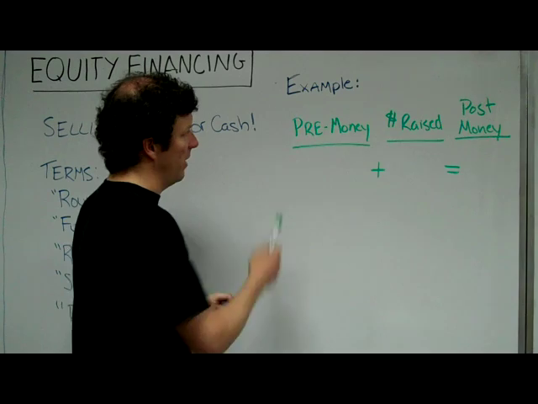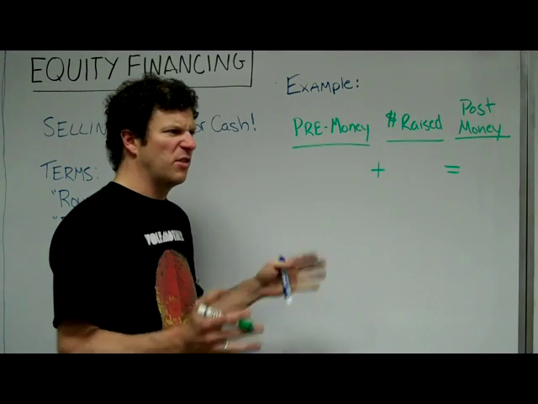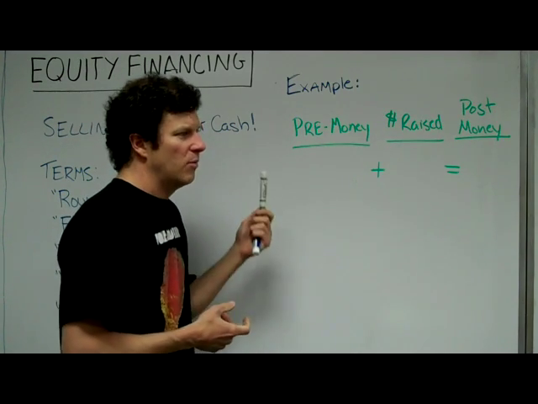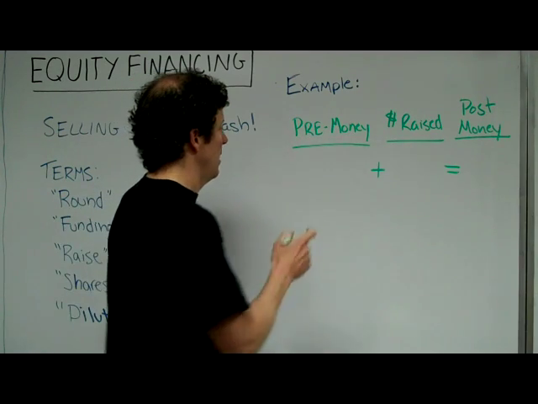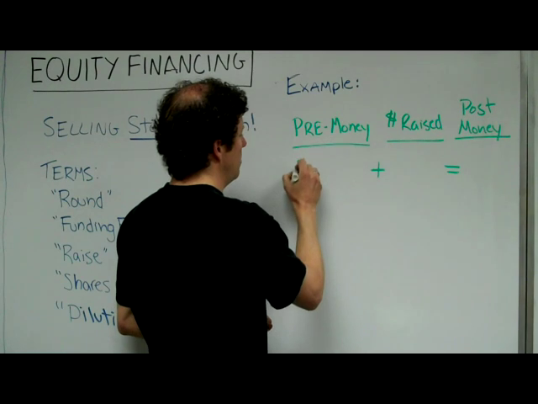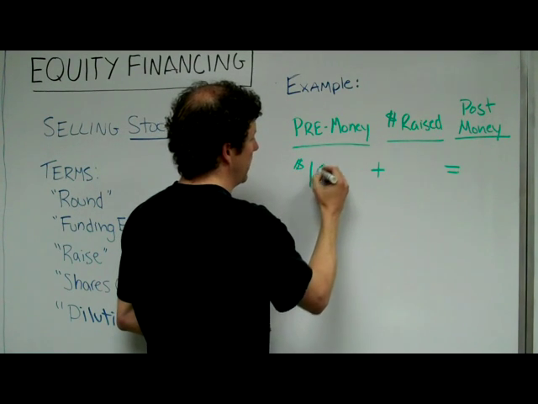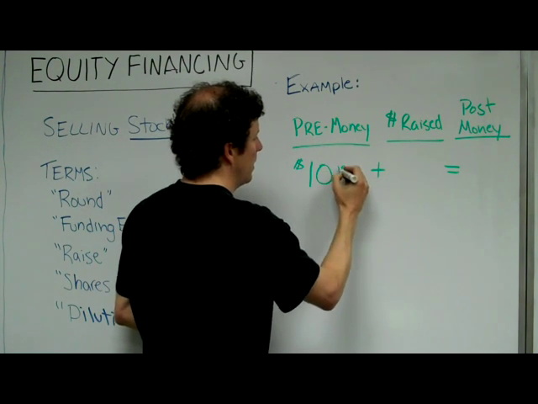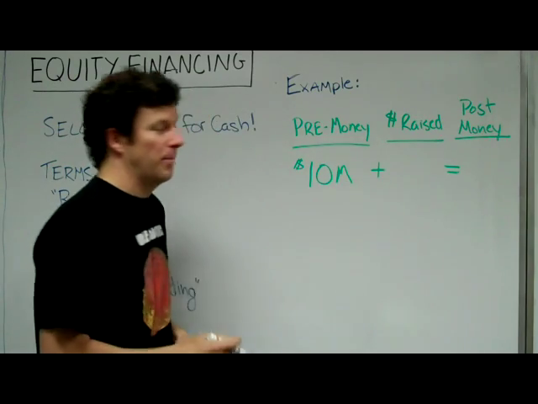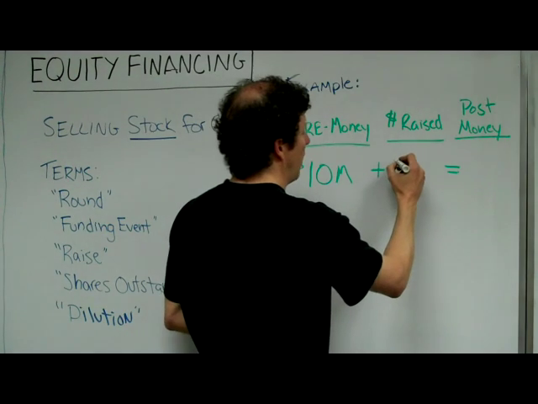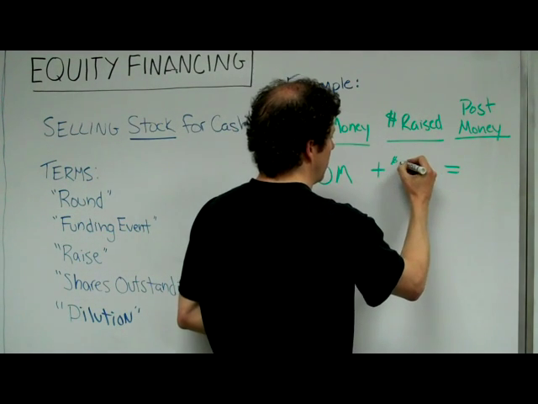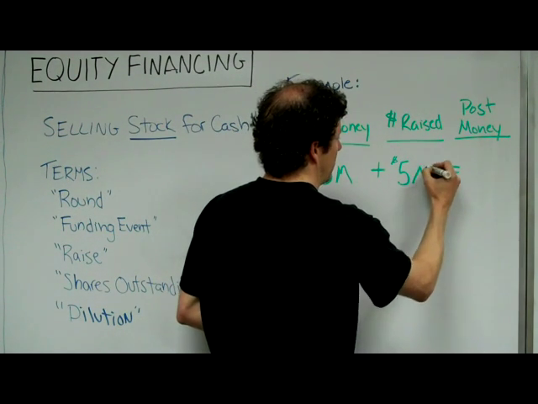There are a bunch of theories about how you do valuation, but for simplicity in this example, we'll say that our company is worth $10 million pre-money. Our investor agrees that the company is worth $10 million, and the investor agrees to put $5 million into the company as an investment.